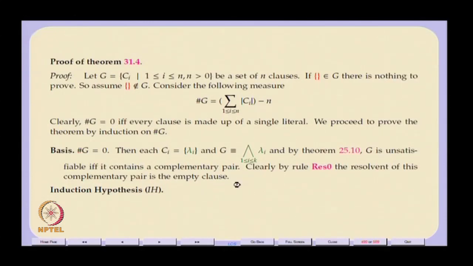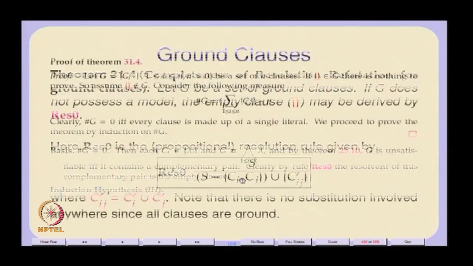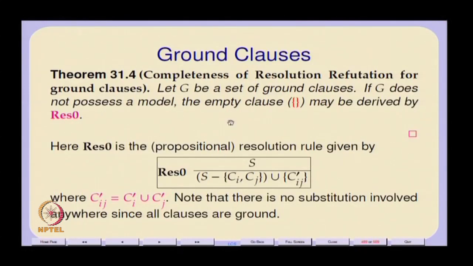Okay, and we can go through this induction step, and I think we did this. So I will not do this again. So this was essentially a proof that propositional resolution refutation is complete. I mean, refutation is what is complete. So this word refutation is important, the derivation of the empty clause.